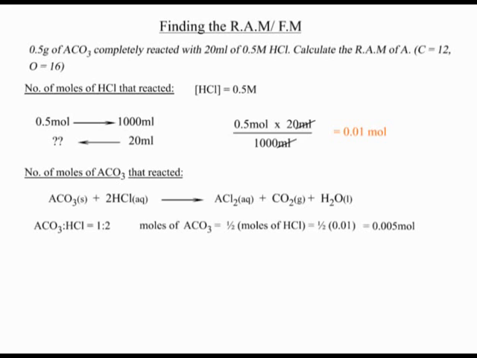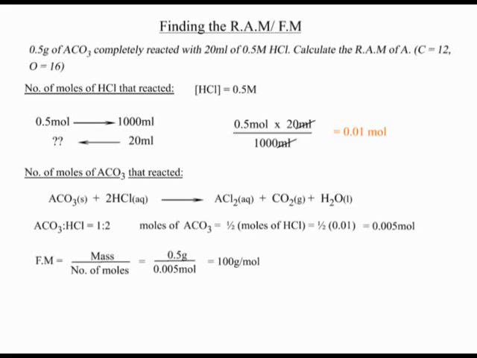Now we find the formula mass of A carbonate. We know the mass, it's 0.5 grams. We also know that number of moles is equal to the mass over the relative atomic mass, or formula mass. And so formula mass is equal to mass over the number of moles. And so we have 0.5 grams over 0.005 moles. That gives us 100 grams per mole.